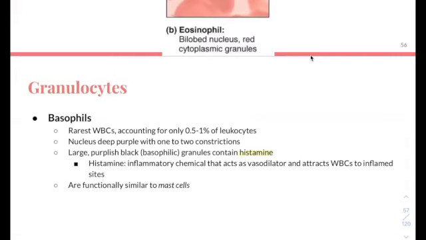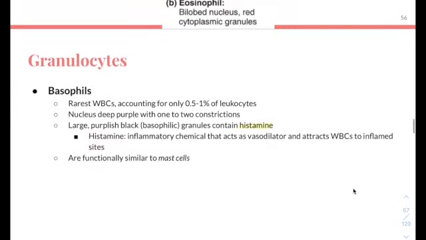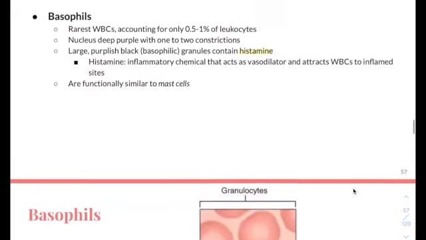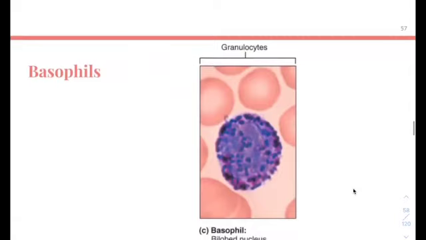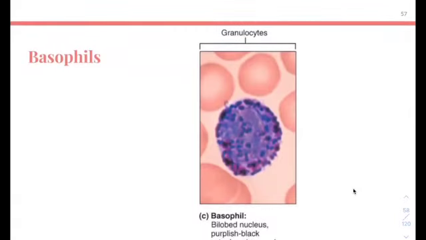So mast cells, they also go after infections. They're involved in, again, those immune reactions. They're usually found all over our system. Basophils and mast cells are very similar. So here's that basophil. All you kind of see are those blackish granules with some purple mixed in there.